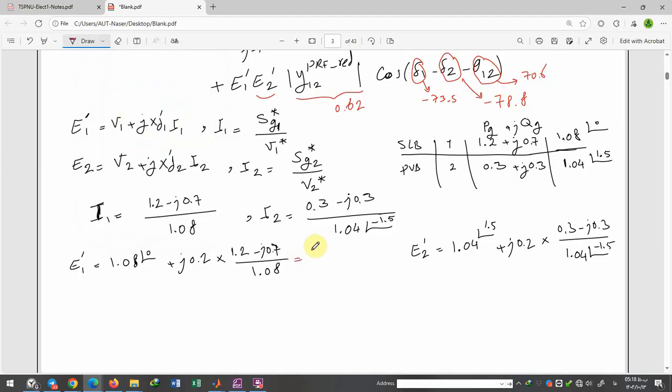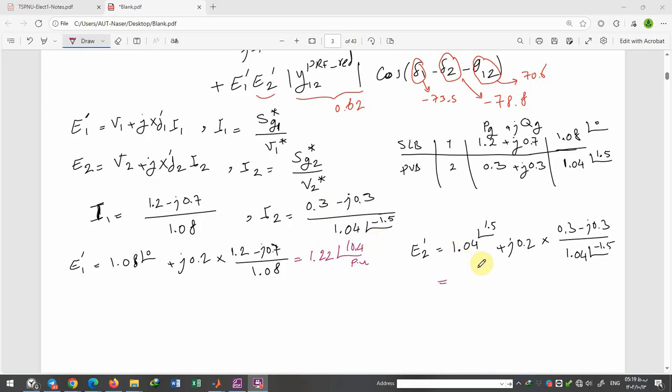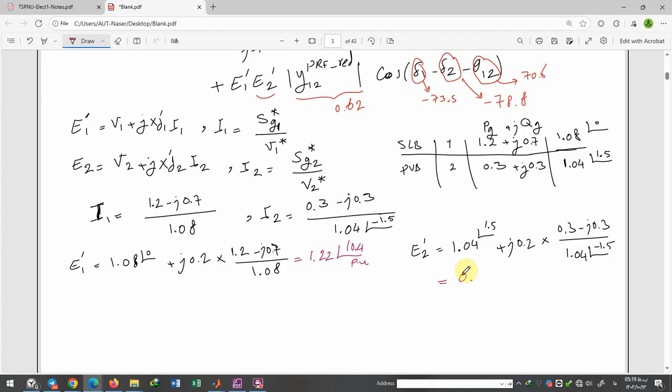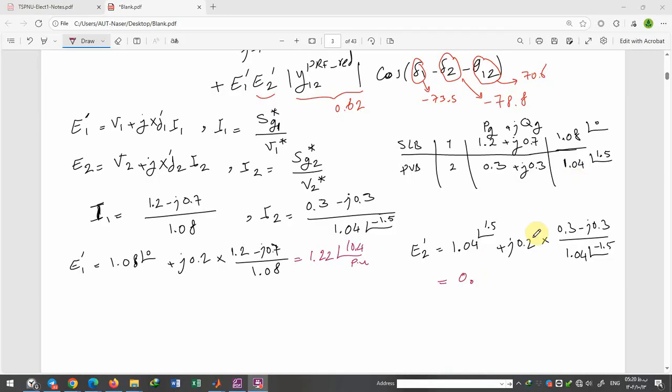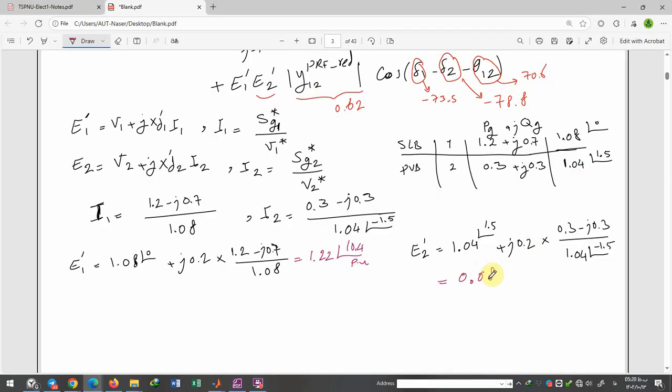E1 prime is 1.22 with the angle of 10.4 per unit. E2 prime is 0.084 with the angle of 48 degree per unit.